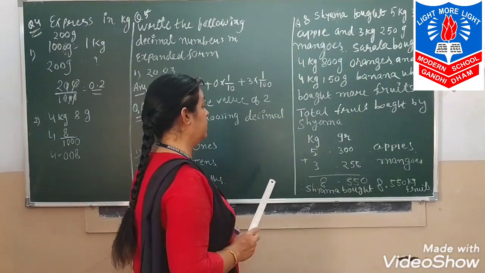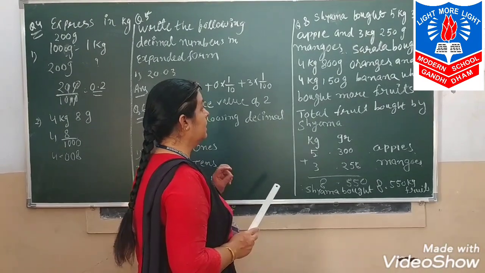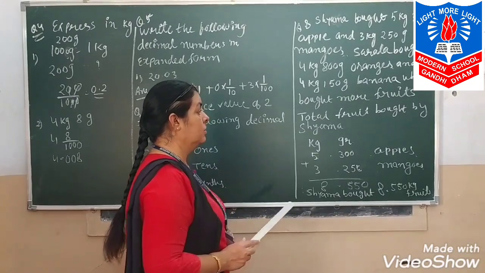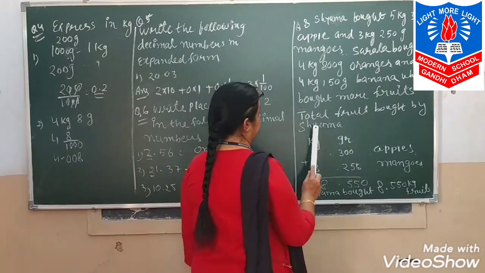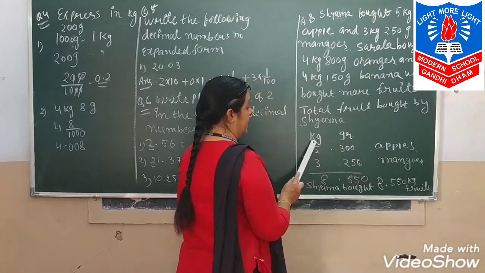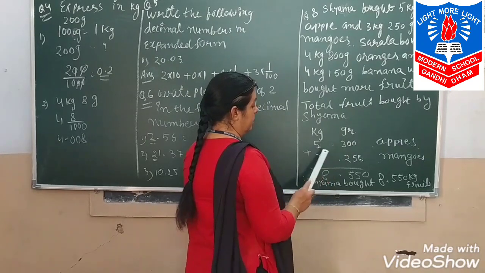Now first we count the total kg of fruits Shyama bought. So we write a statement like this: total fruits bought by Shyama. Here I write kg and here I write gram.